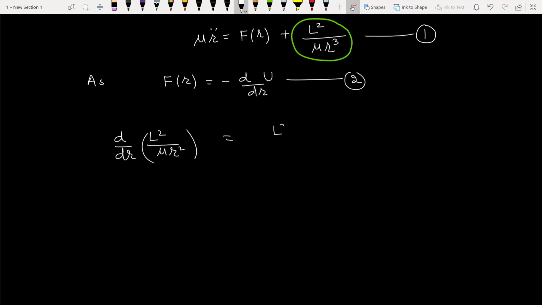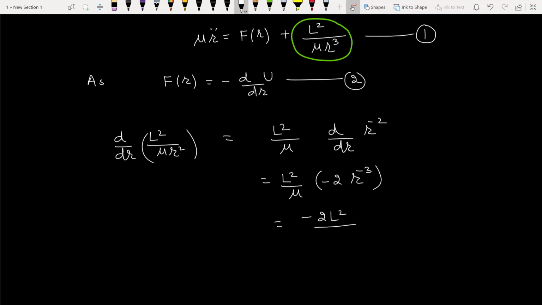It is L square upon mu times d by dr of r raised to power minus 2, which is minus 2 r raised to power minus 3, so it is minus 2 L square upon mu r cube.